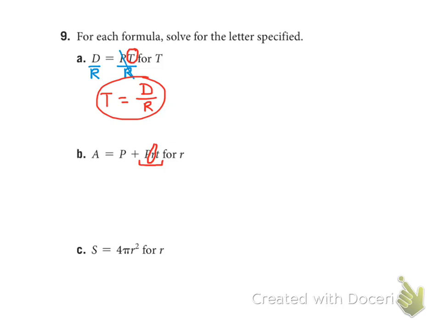So this is the P, the first P that we have to get rid of. We need to subtract it. So A minus P is equal to PRT. Now we still want to get that little r by itself. What do you think we should do next?